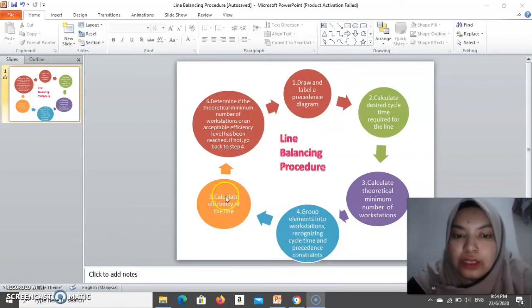Step 5 is calculate the efficiency of the line. Step 6, the last step, is determine if the theoretical number of workstations or an acceptable efficiency level has been reached. If not, you must go back to step 4. That's all.